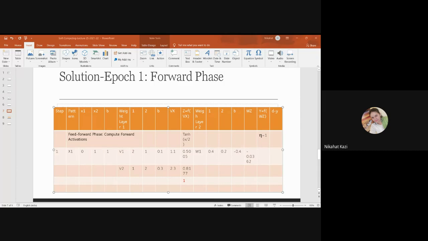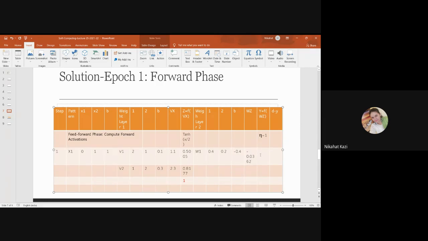Anyways, coming back to this problem, we have WZ, which we have computed, minus 0.0362. Now, finally, the output of this layer has to be computed. So what is the output? The output Y is again the activation function applied to this.